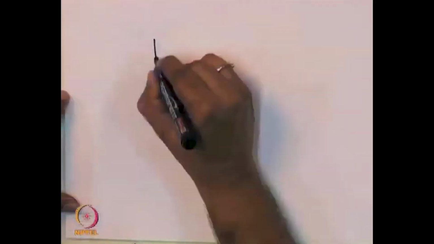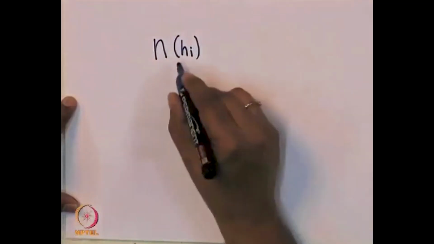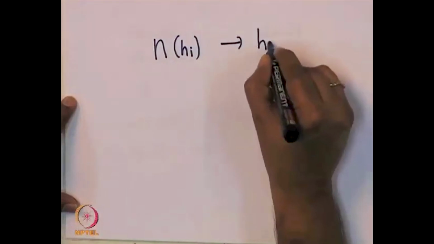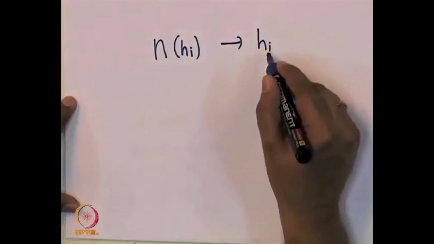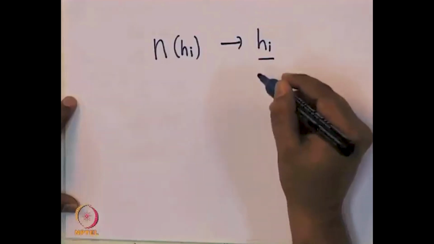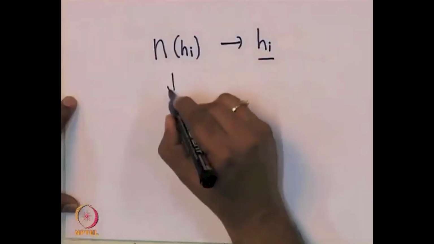Let us say n of hi is the number of students having height hi. The height could be 131, 151, 162, any number. In short, you can call this n of hi.